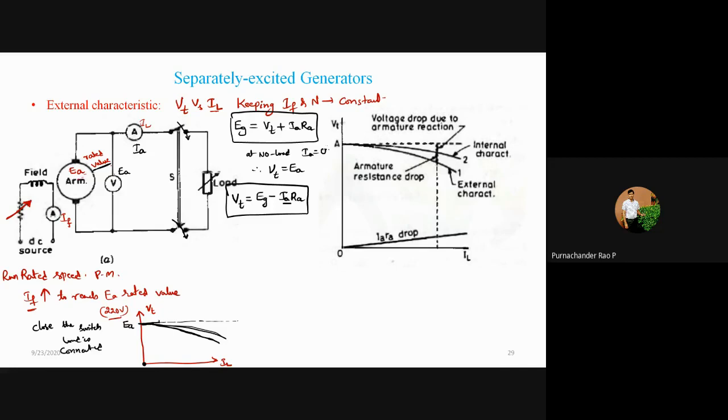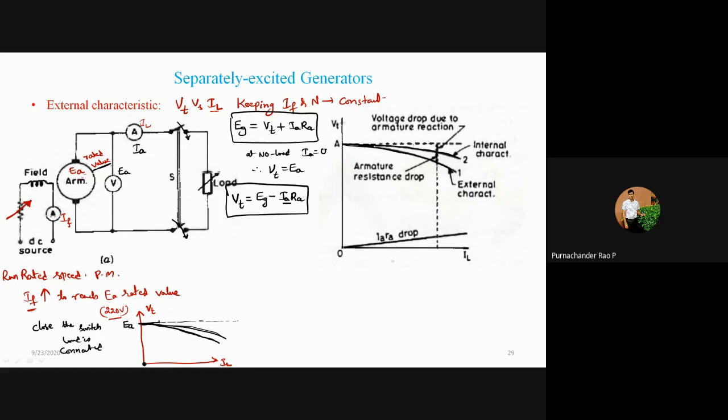Here this is Ea. Point A is nothing but the no load voltage. The dotted line is the constant value of no load voltage. Then there will be a small drop in the voltage like this. There is a second curve as well, curve 1 and curve 2.